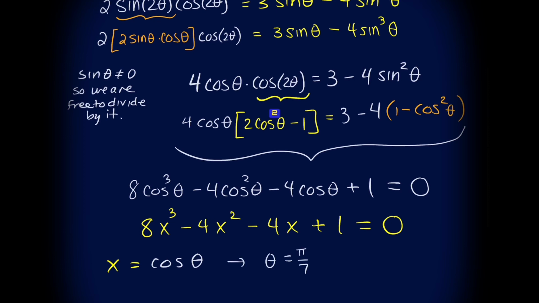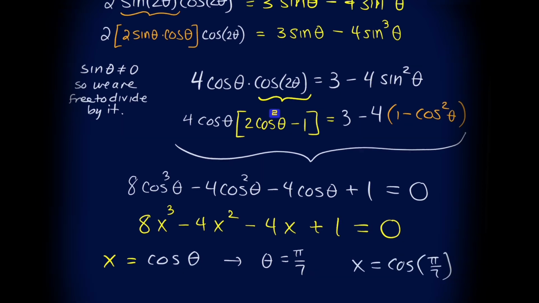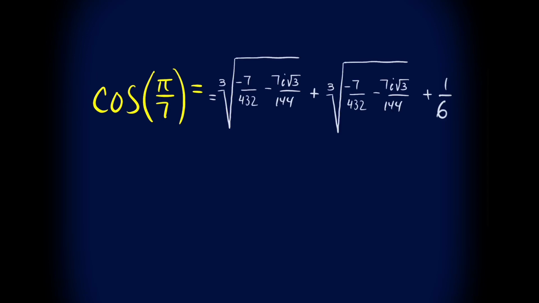And again, because the cosine of theta is really the cosine of pi over 7, our solution to the cubic equation is given in exact form, but it can only be done by expressing it with the complex number i.